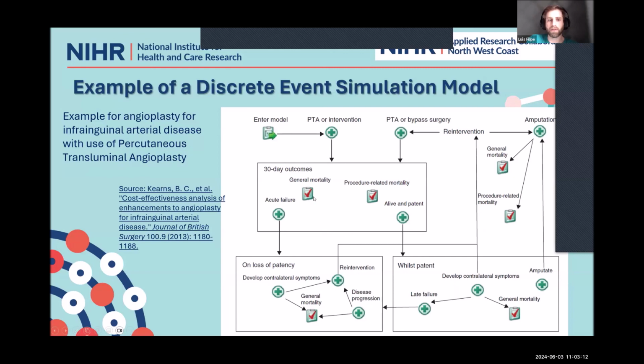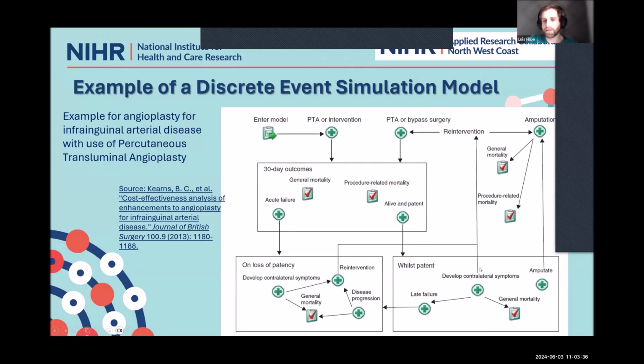Within the 30 days outcome, people die, either from general mortality or from the intervention. Then they can stay alive and patent, or they can have an acute failure. Then within the acute failure, you have again general mortality, and then a lot of other things that can happen. Within alive and patent, again, general mortality and other things that can happen.